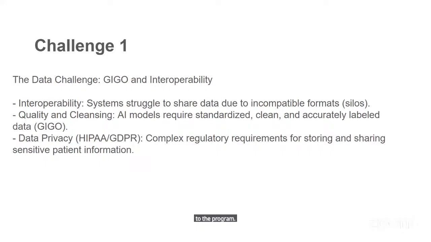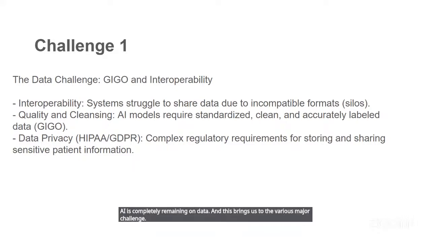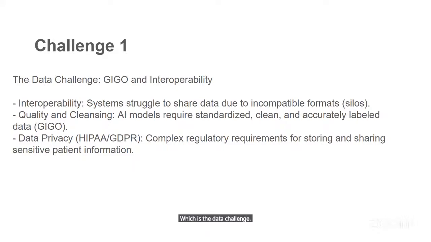Before we talk about the advanced AI models, we need to address fundamental truths. AI is completely dependent on data, and this brings us to the first major challenge, which is the data challenge. So, interoperability: why systems cannot talk. In healthcare, data is often stored in different systems that cannot communicate with each other.